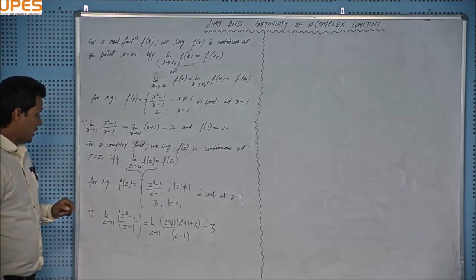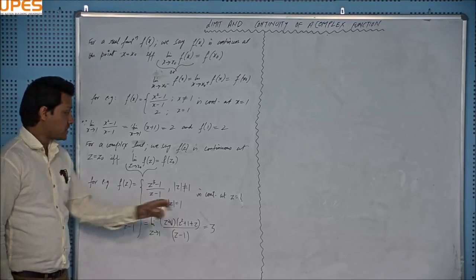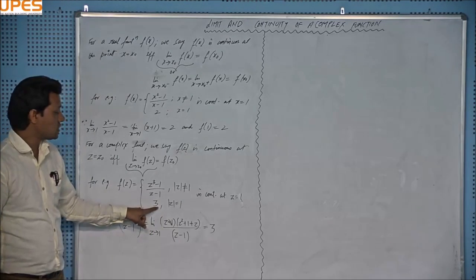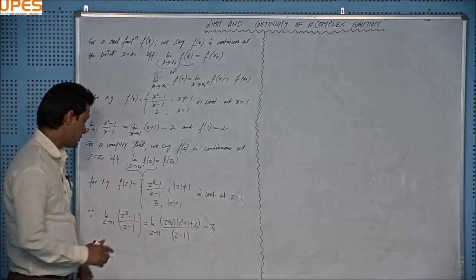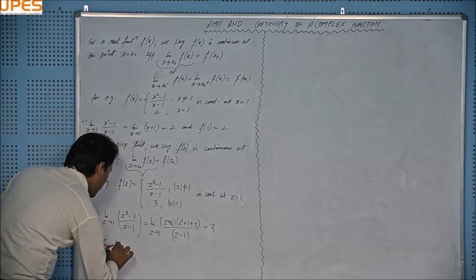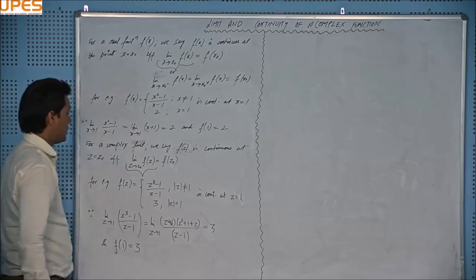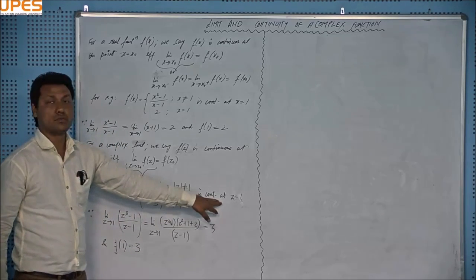And you can see that the value of the function at z equal to 1 has been defined, and that is actually equal to 3, the same value. f of 1 is given as 3. So these two values are equal, so the function is continuous at z equal to 1.